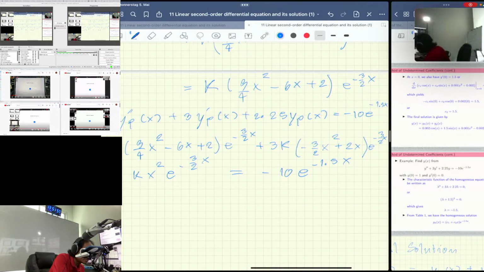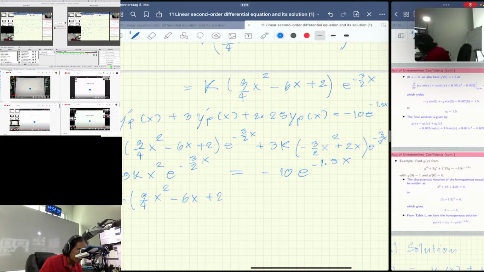Oh no, it should be 2.25 right in front of that. So you have here k times (9/4 x squared minus 6x plus 2), right?